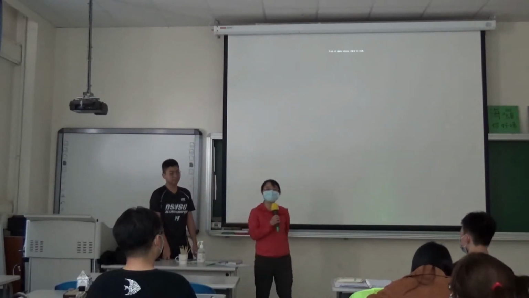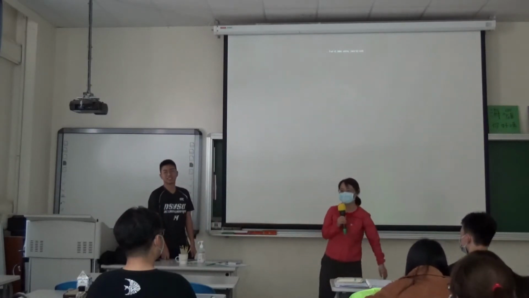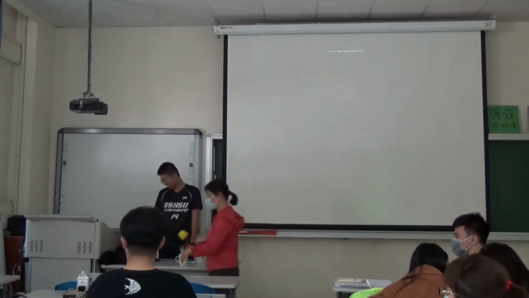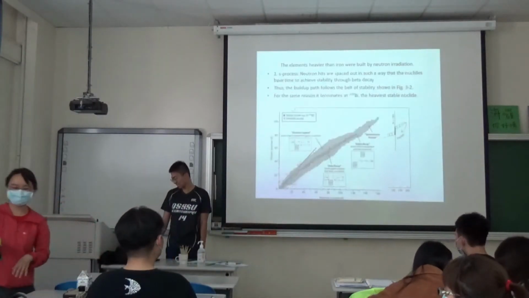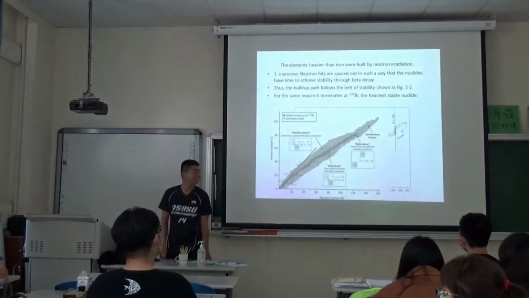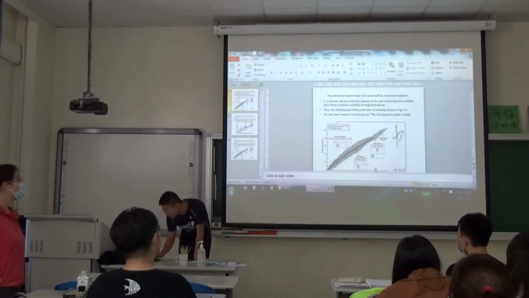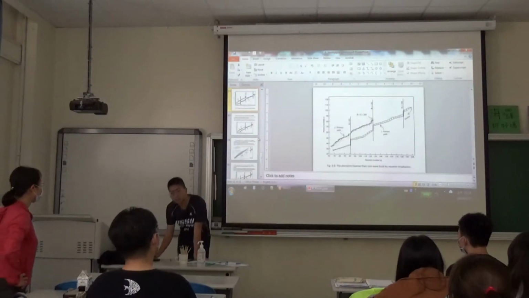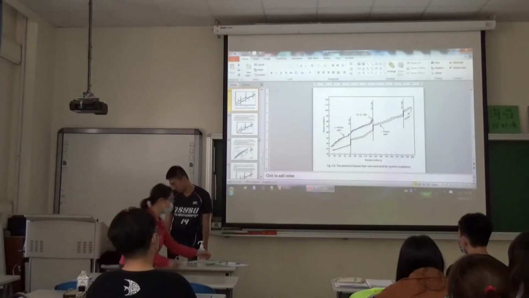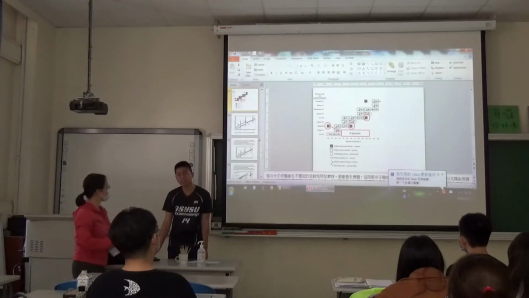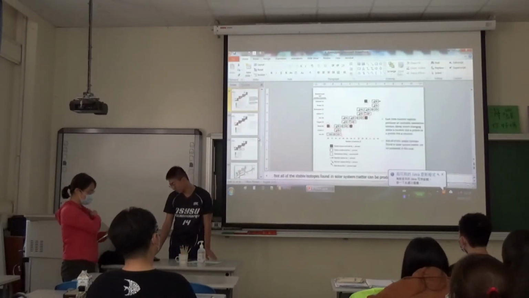Group A students, any questions, comments? Okay, Ian. I want to ask, could you please go to the very beginning page about iron? Which one, page 2 or page 3?